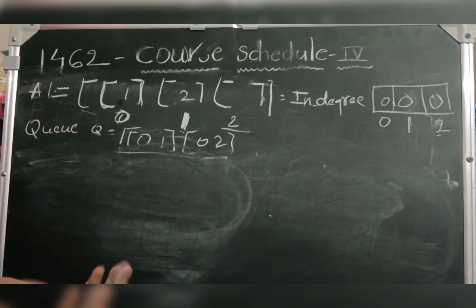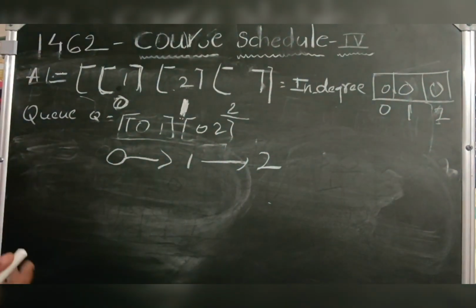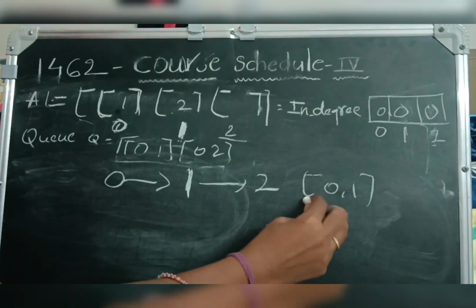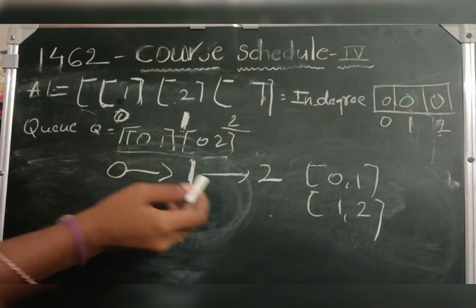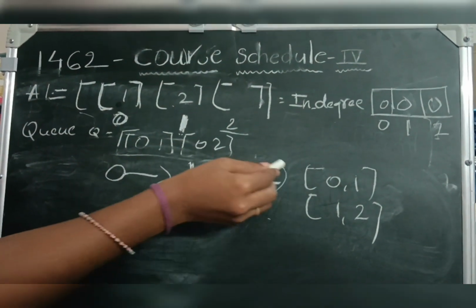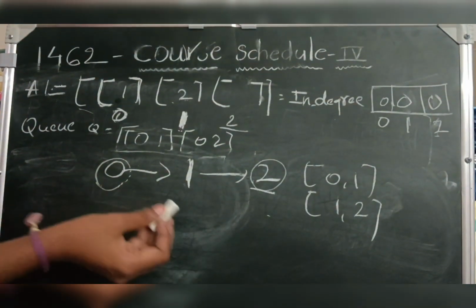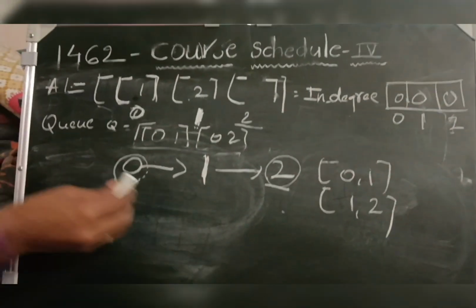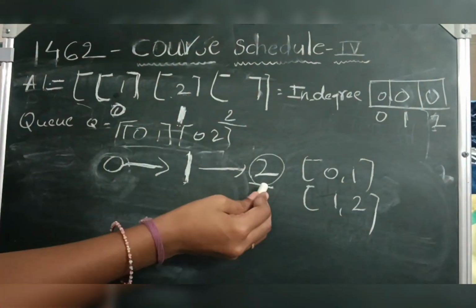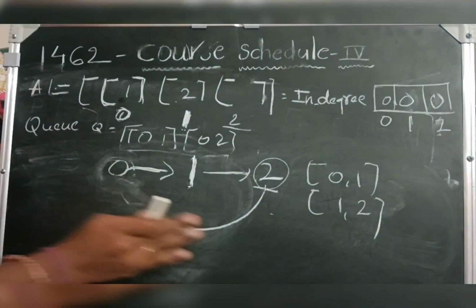Where is our assumption missing? I will explain with an example: 0, 1, 2. They give in the prerequisites 0 and 1, and 1 and 2. When you observe, 0 is a prerequisite of 1, and 1 is a prerequisite of 2. So indirectly, for 2, 0 is also a prerequisite.